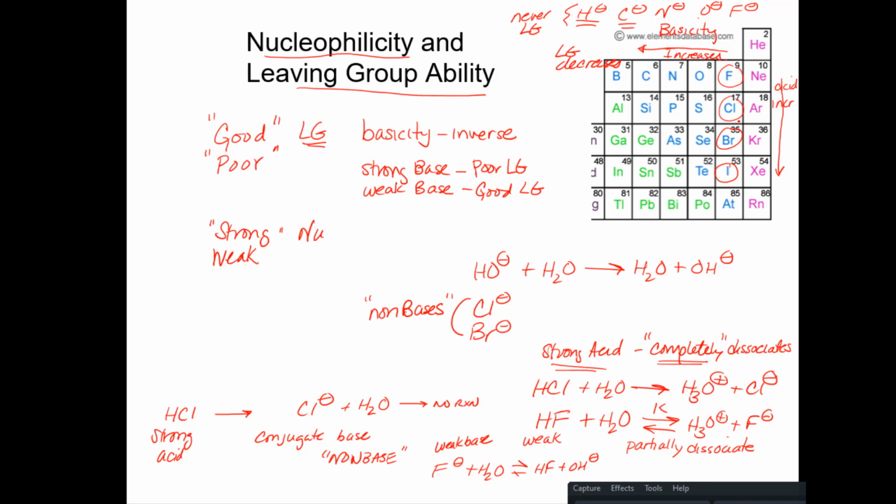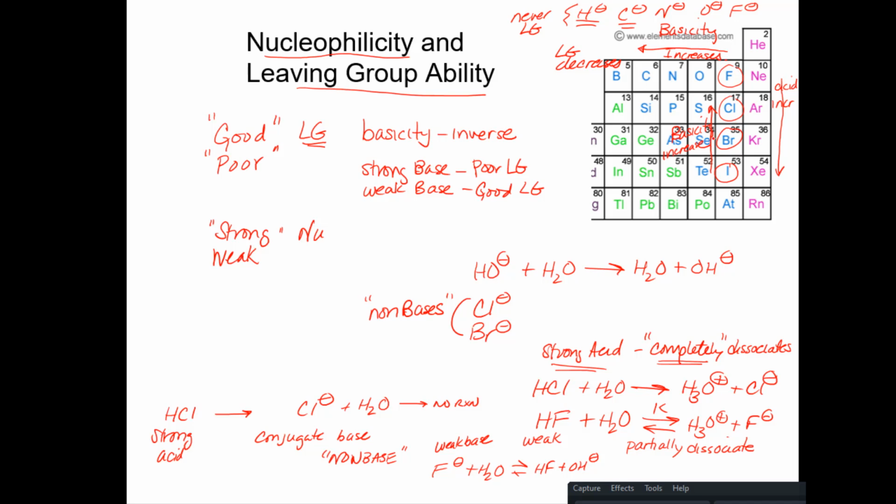And what does that mean for basicity? That means that going up the periodic table, the basicity increases. If acidity increases going down, basicity will increase as we go up, and it will decrease as we go down the periodic table.